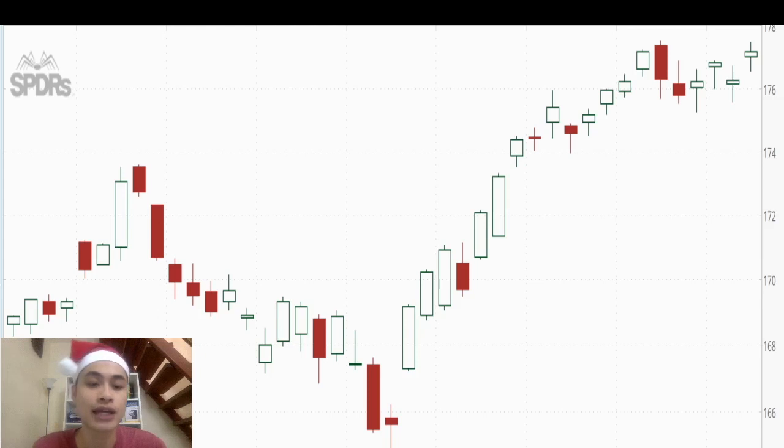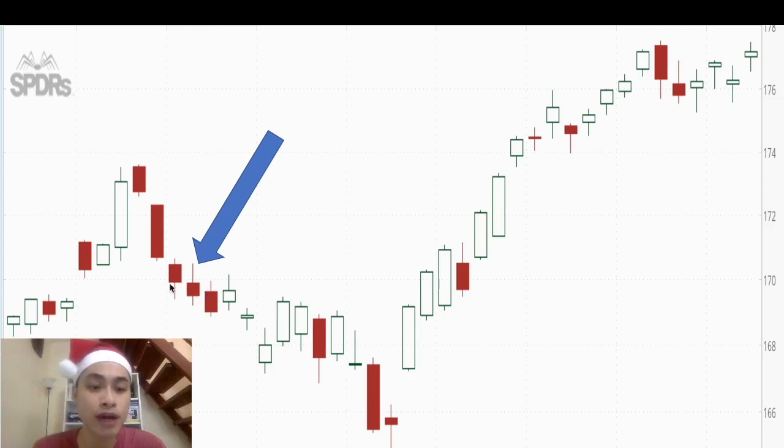So further decline in prices is likely to happen. On this price chart, can you identify where the three black crows pattern is? Okay, as you can see, it's here, as indicated by the arrow. You can see that there are three consecutive bearish candlesticks, and each open occurs within the previous day's body. So that's the three black crows pattern.